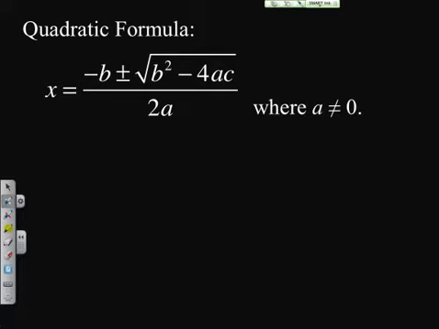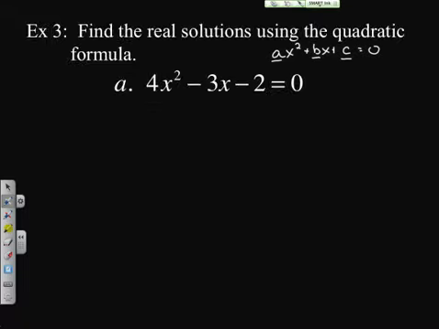And remember that what we're looking at here is the equation ax squared plus bx plus c equals 0. So that's where the a, b, and c values in this equation are going to come from in this formula. So we want to find the real solutions of this equation using the quadratic formula. So if you didn't write it down, you may want to go back and write that down.